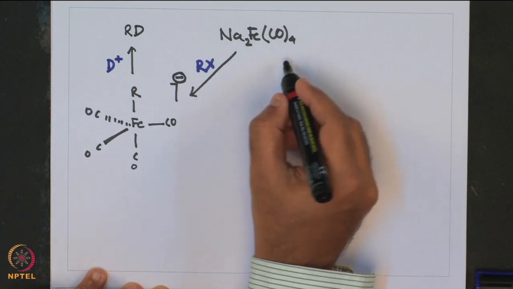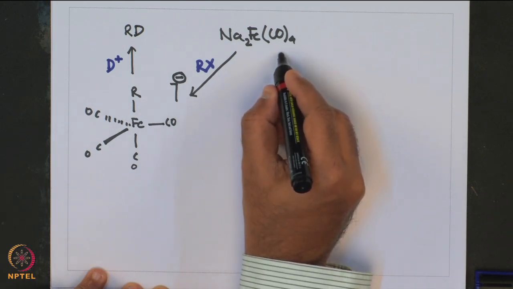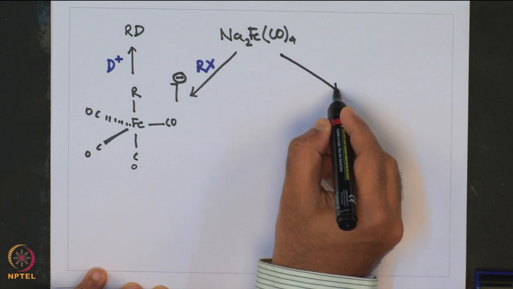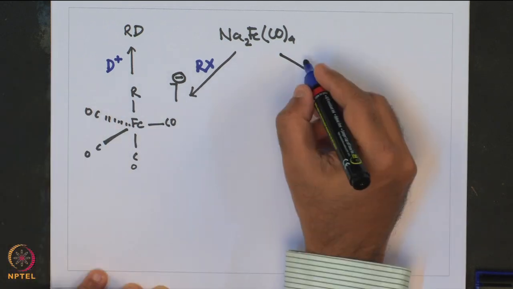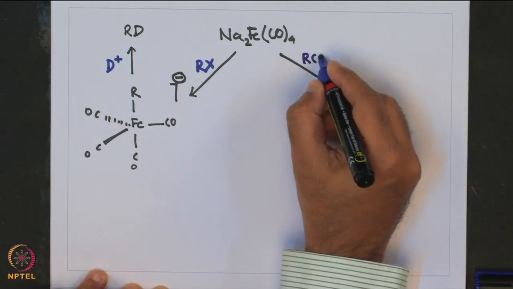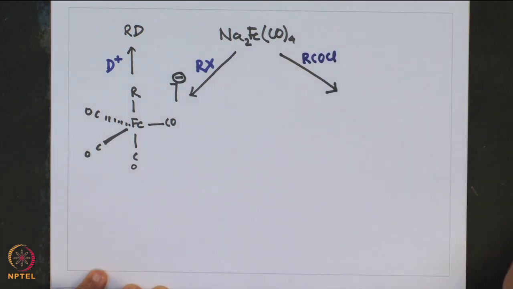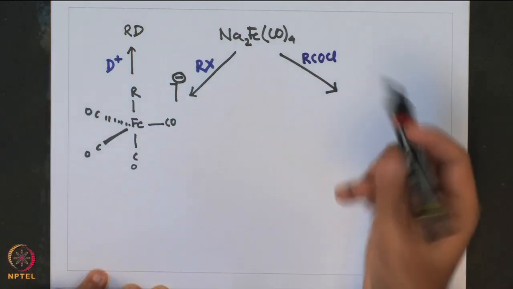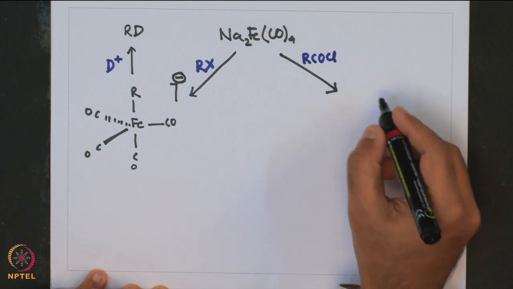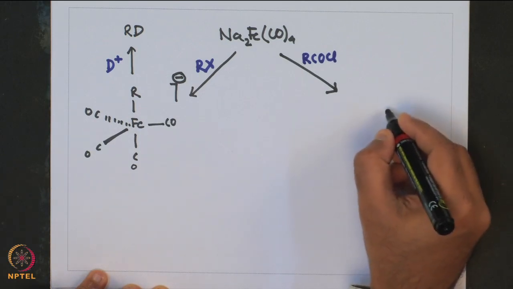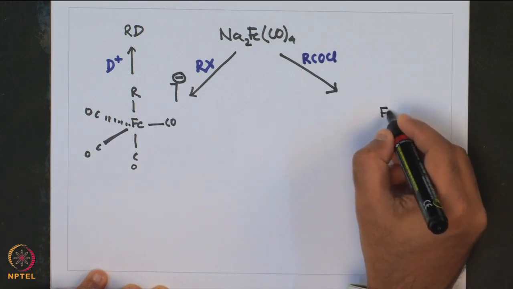Similarly, when Collman's reagent is treated with acid chloride, one forms this iron acyl complex.